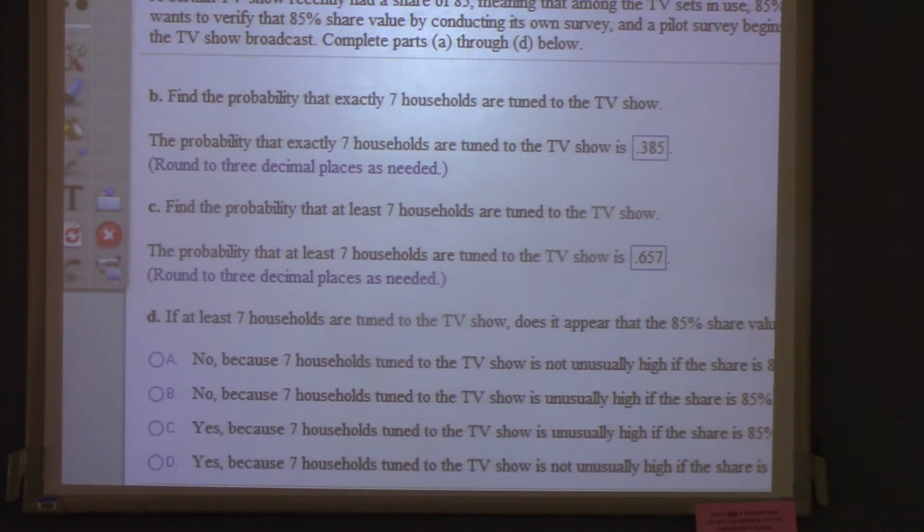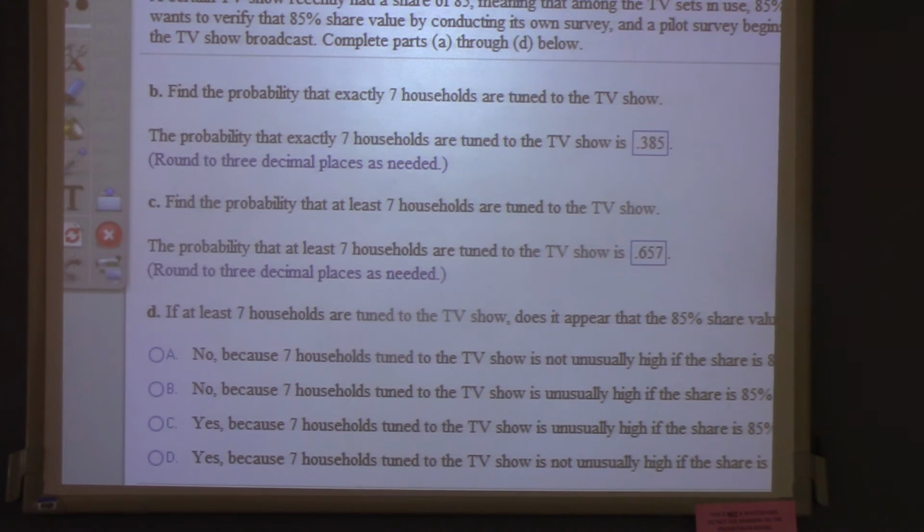Okay, this is the question that if you get wrong, I probably won't hold it against you. I'll probably just give you points because of the way they word it. If at least 7 households, that's this one right here, are tuned to a TV show, does it appear the 85% share value is wrong? Well, that's only 65. What would you say?